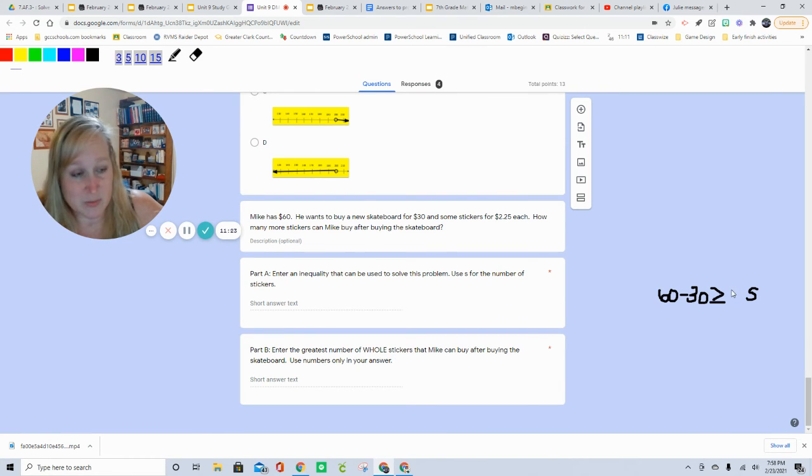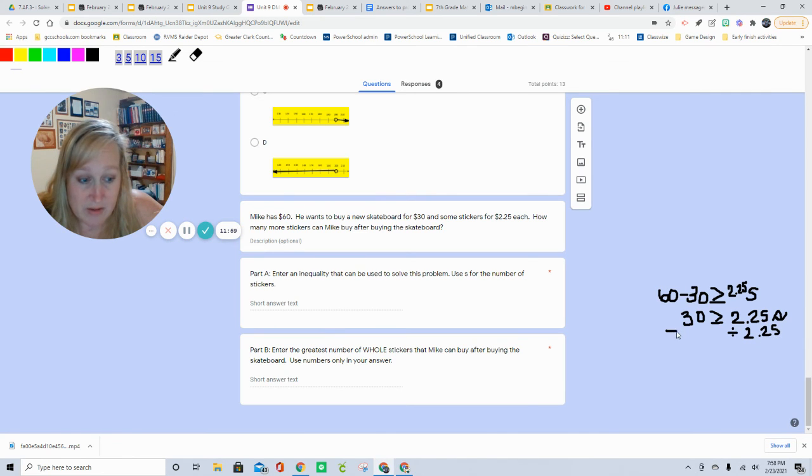This is not the best way to explain it, but in person I did do this one, very similar. So we're going to take $2.25 times S. So if we subtract these two, you get 30 is greater than or less than 2.25 S. So basically Mike has $30 to spend on stickers. That's an S, okay? So in order to solve this, we're going to divide by 2.25 on both sides.